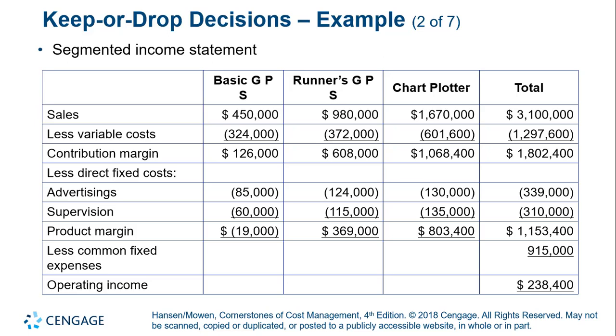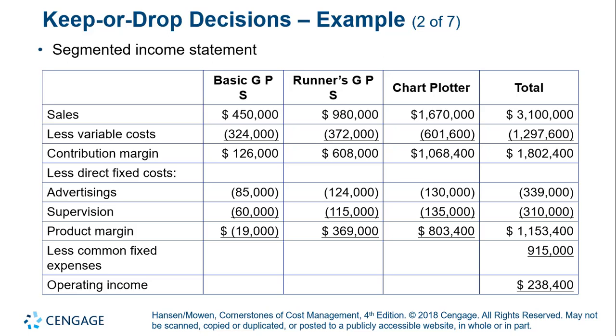So the total advertising cost is 339,000. With the supervision of 60,000 for the basic GPS, 115,000 for the runners, and 135,000 for the chart plotters.